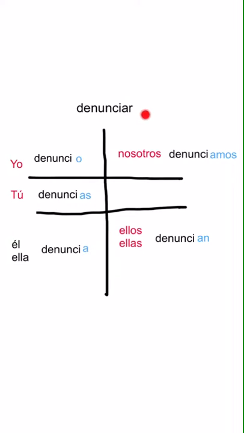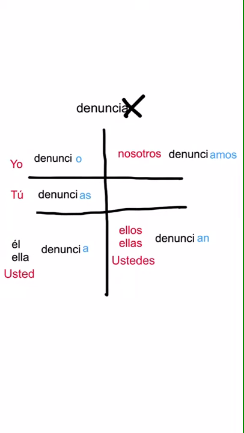We take off the AR, and then we add another letter in its place. For yo, the endings are always O. For tú, we use AS on the endings. For él, ella, and usted, which I forgot to put in here, we have usted denuncia.